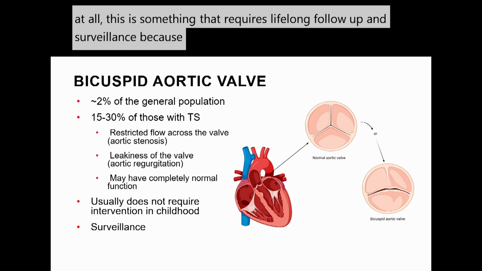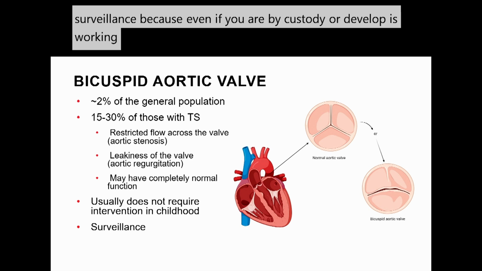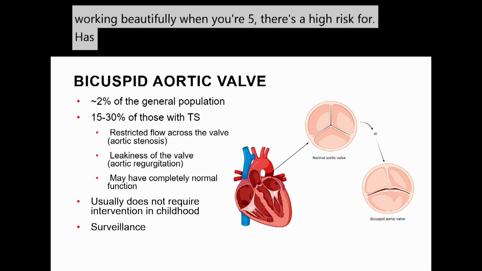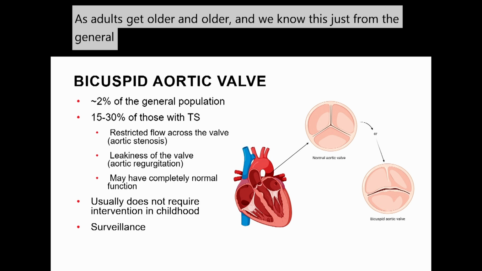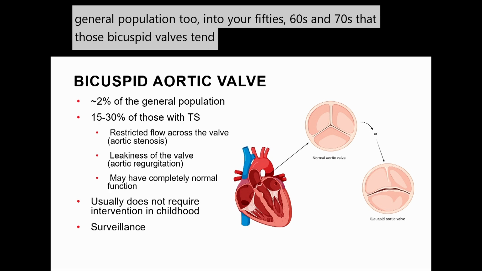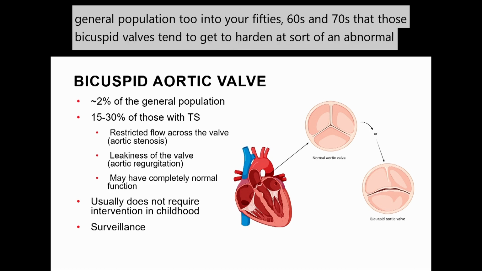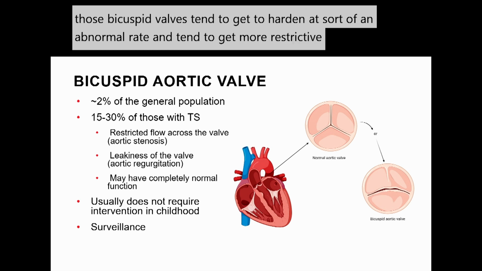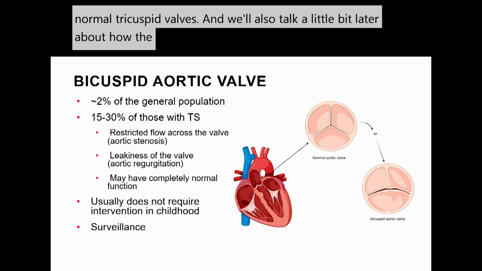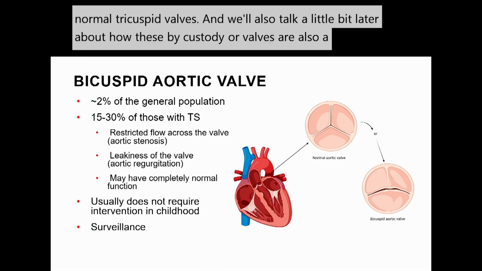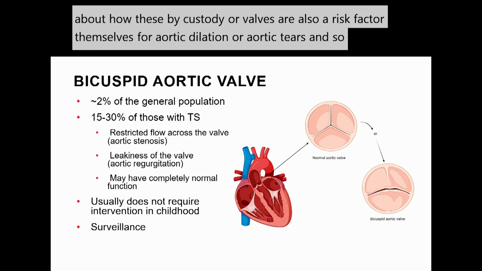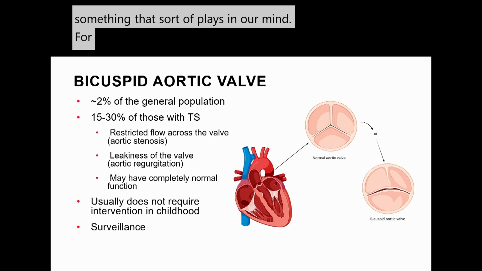Even if your bicuspid aortic valve is working beautifully when you're 5, as adults get older, into your 50s, 60s, and 70s, and we know this from the general population too, those bicuspid valves tend to harden at an abnormal rate and get more restrictive with time than normal tricuspid valves. We'll also talk later about how bicuspid aortic valves are a risk factor themselves for aortic dilation or aortic tears, so it's something that plays in our mind for risk management going forward.